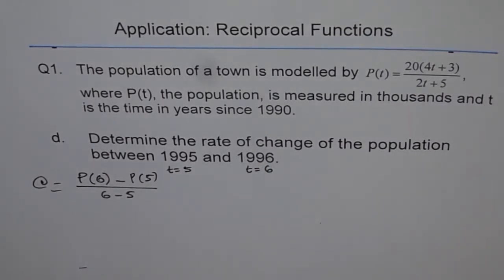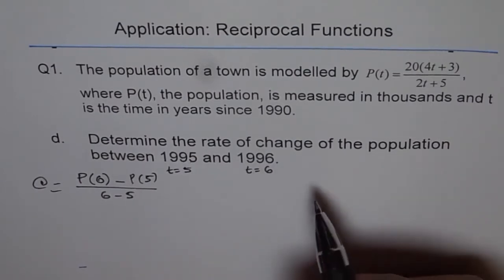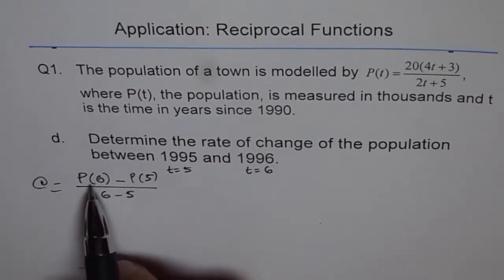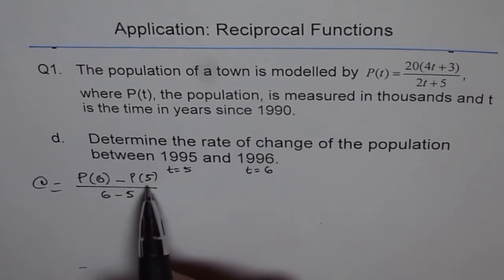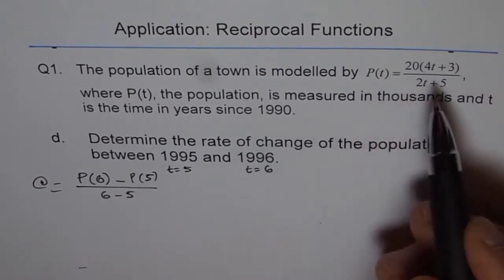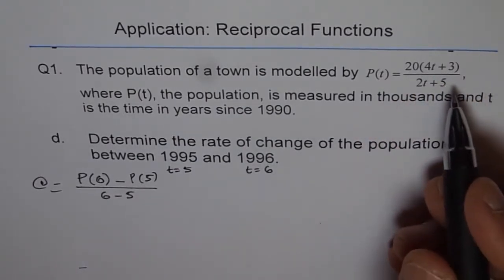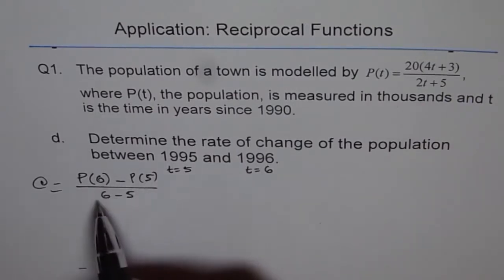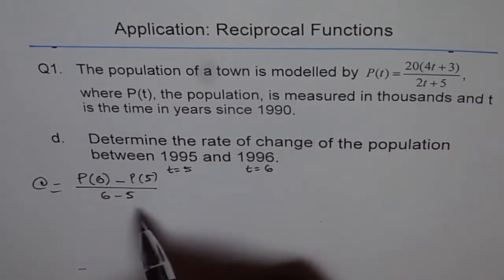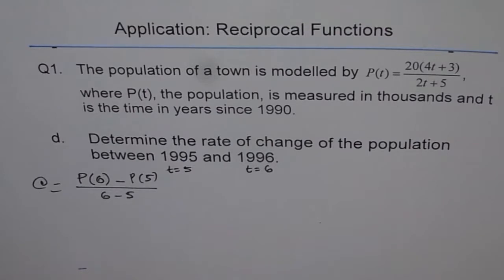That is a very critical thing which I wanted to mention here. Now it's a part of easy calculation, right? You find the population in the 6th year and the population in the 5th year based on this formula. Take the difference, divide by 6 minus 5, which is just 1, right? So let's try to do this now.